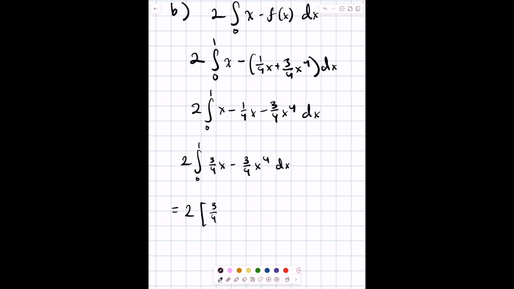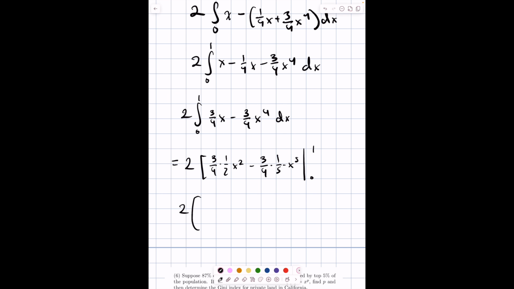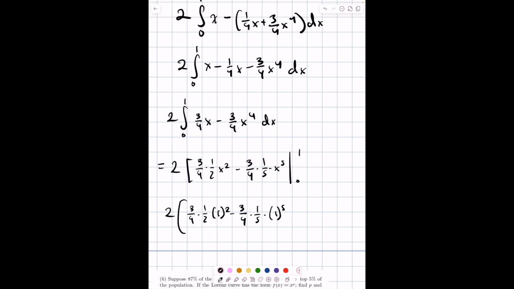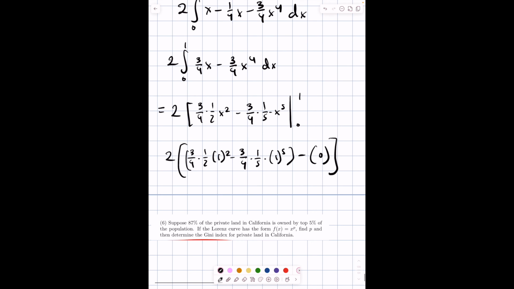Which is just 2 times 3/4 times 1/2 x squared minus 3/4 times 1/5 times x to the 5th from 0 to 1. I get 2 times 3/4 times 1/2 times 1 squared minus 3/4 times 1/5 times 1 to the 5th, and then this is all subtracting zeros, which doesn't make a difference.